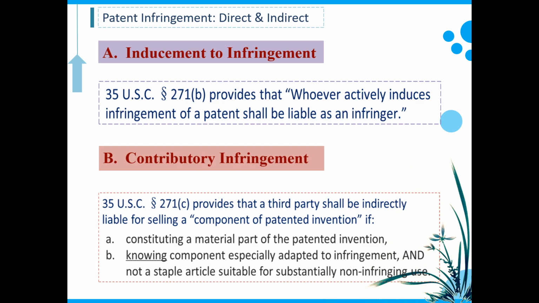Being suitable for substantially non-infringing use means the item, the product made or sold by me, could be used to do good things or bad things. I don't know. It could be used to make legitimate products.